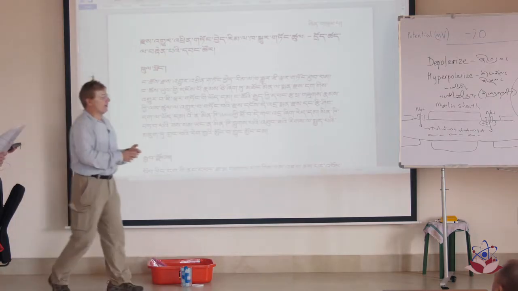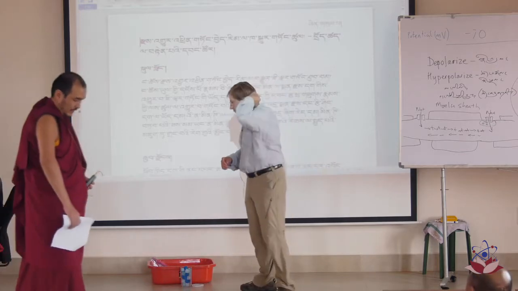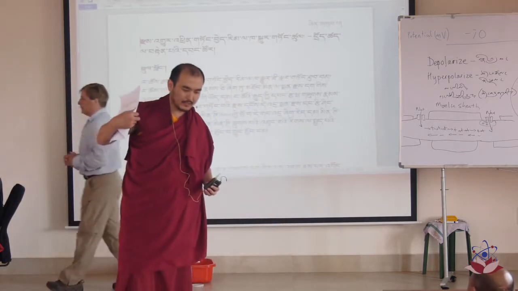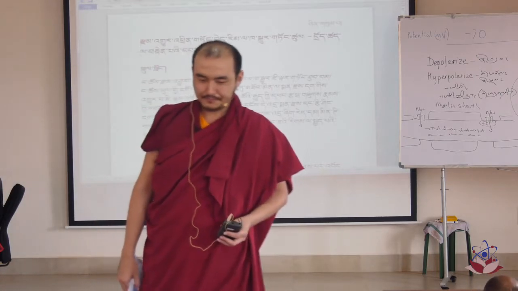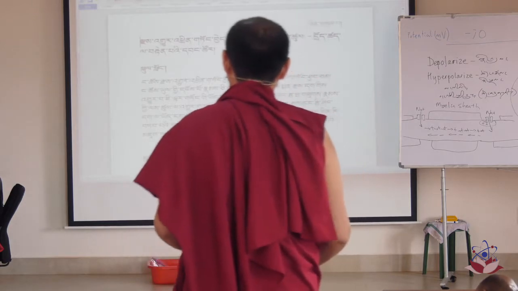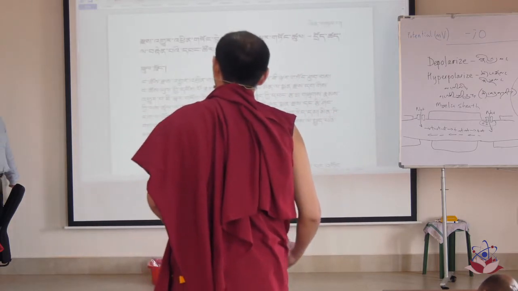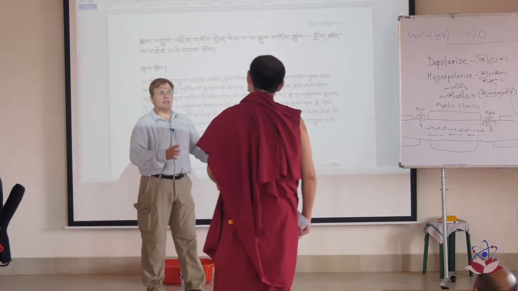So far we've been talking a lot about membrane potential and action potential. Who knows what's the other major mode of communication in the brain besides electricity? The other major type of communication in the brain?